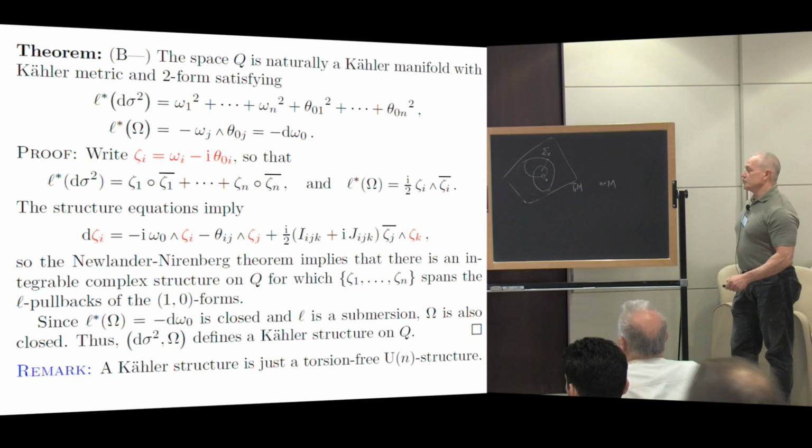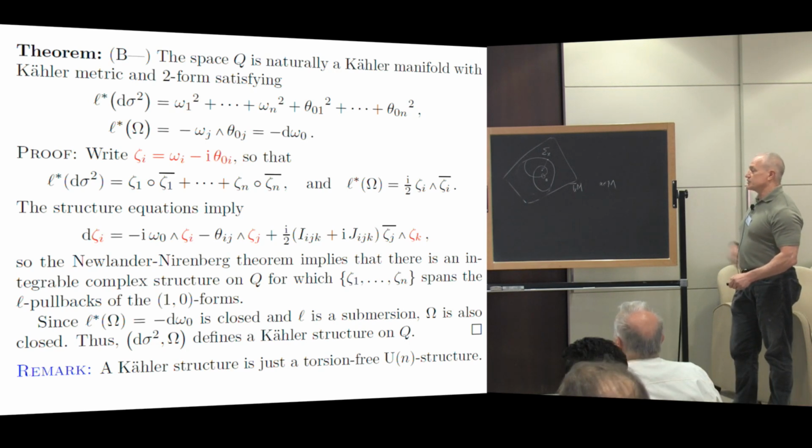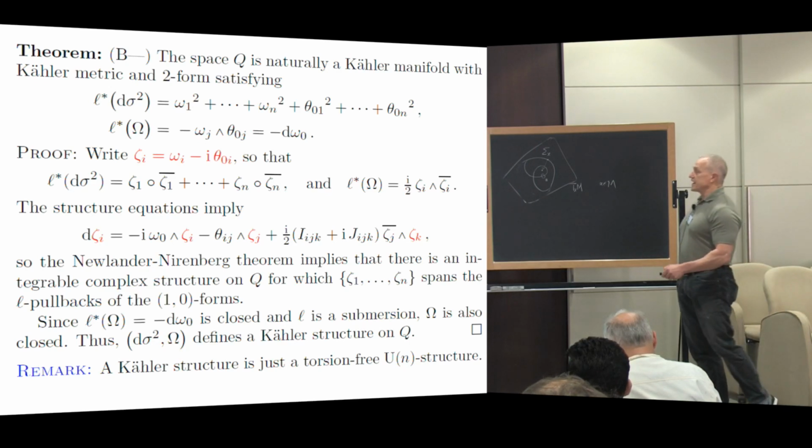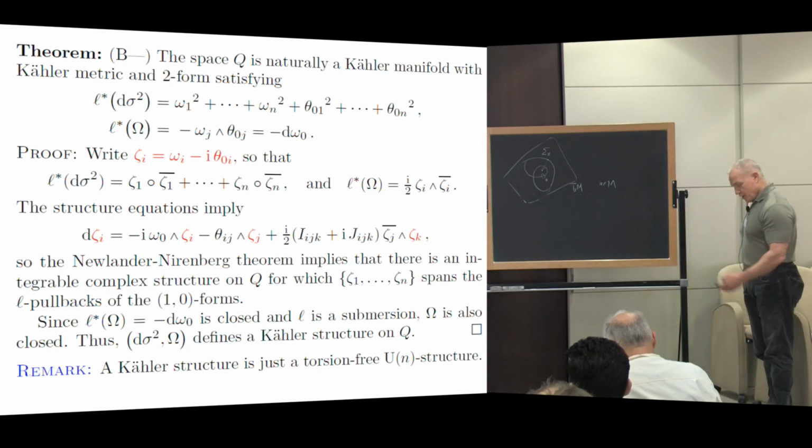That is, usually if you take a U(n) structure, you have to check two things to know whether or not you have a Kähler structure: whether the underlying almost complex structure is integrable and whether the canonical 2-form is closed. And those are exactly the conditions that we have here.